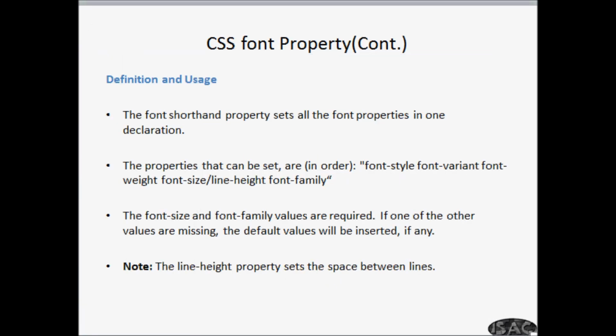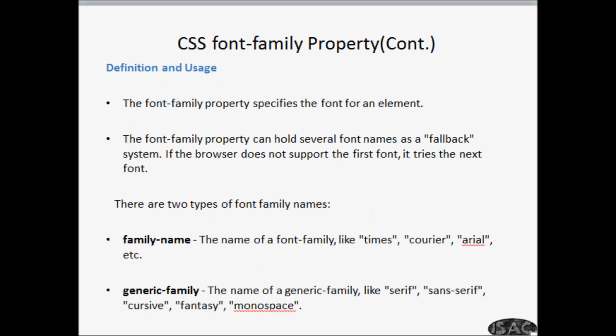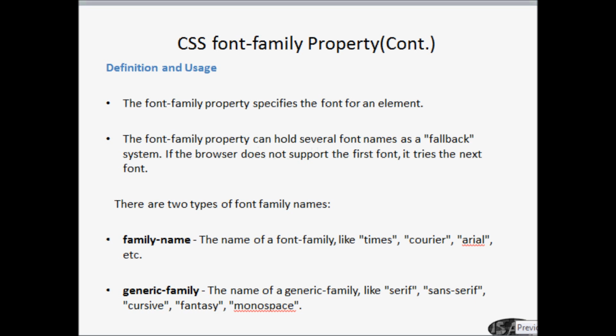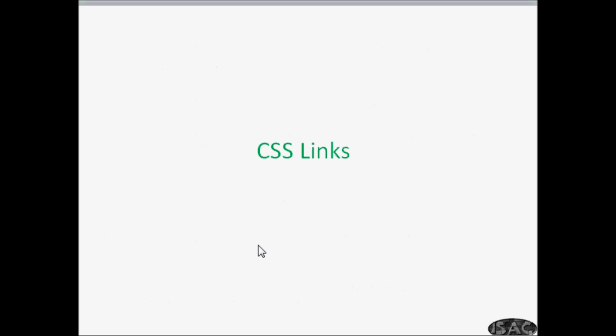Okay. So we understood the font family, font generic family and all that it is. It helps us to apply the font details, font size, font family and all. Okay. So that's all about understanding the font with CSS.